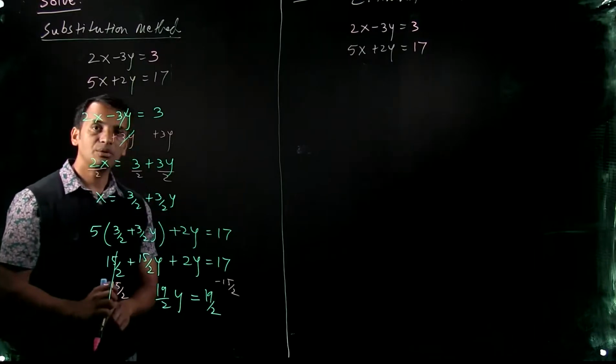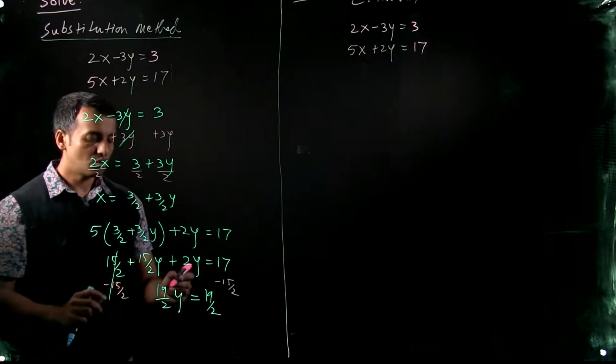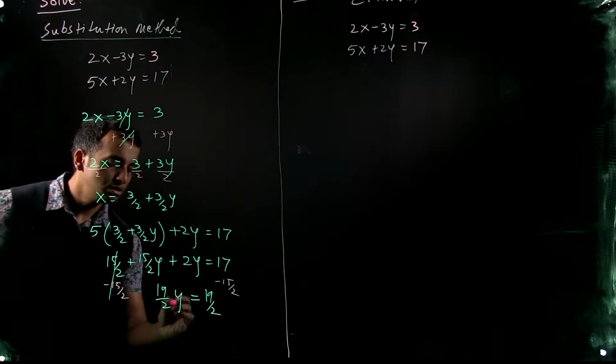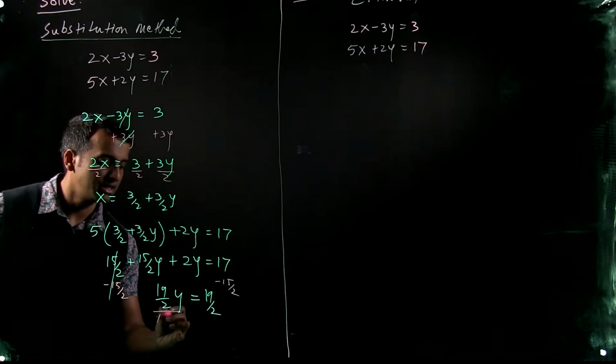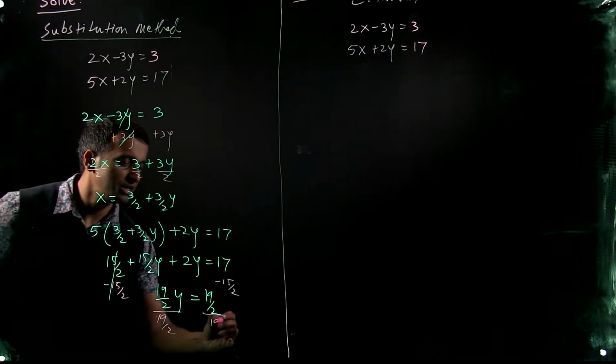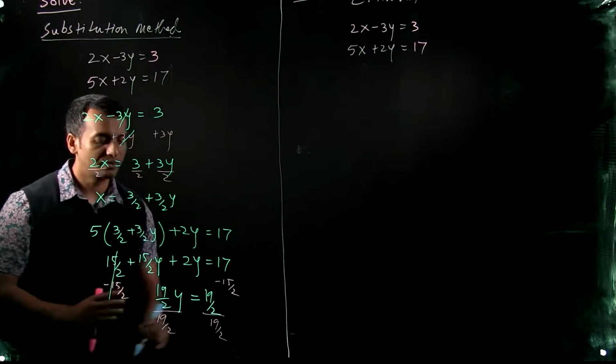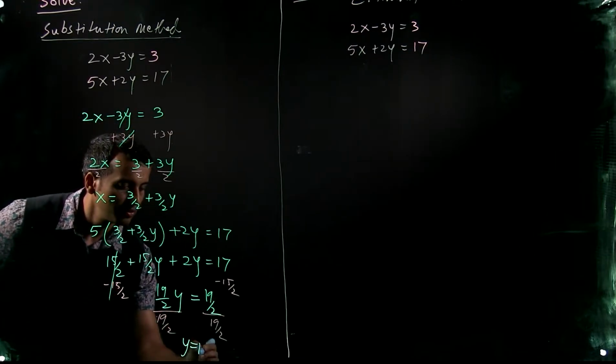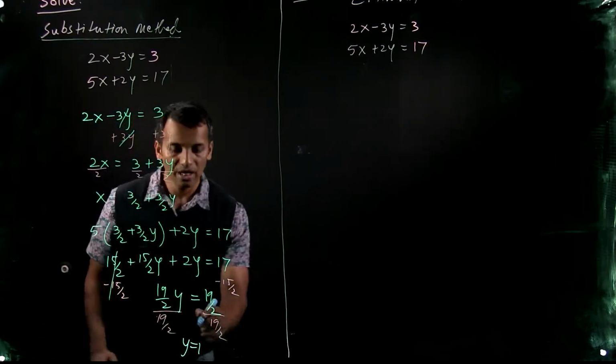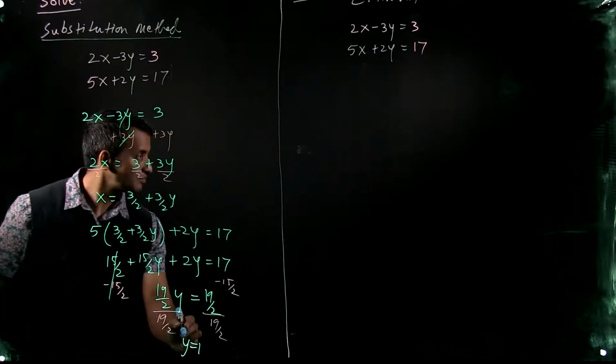Did you see that? Now we divide both sides by 19/2, or multiply both sides by 2 over 19. So what do you get for y? y is 1. So you got y equals 1 there.